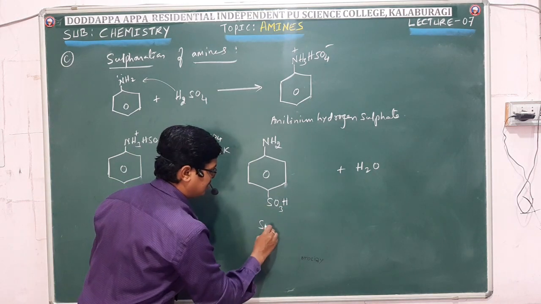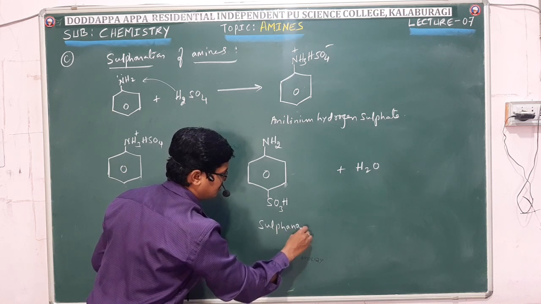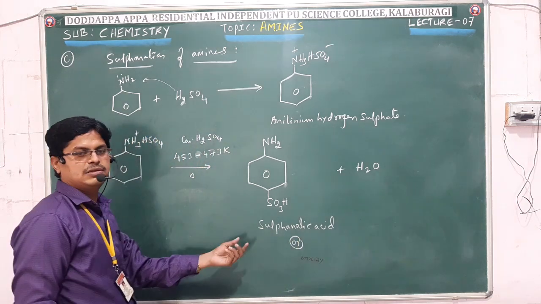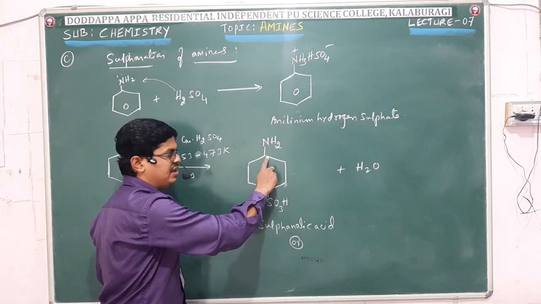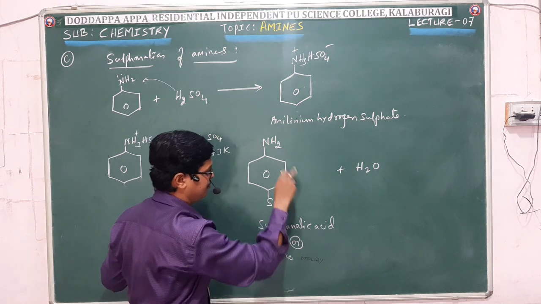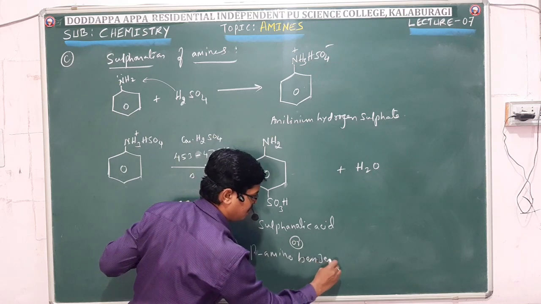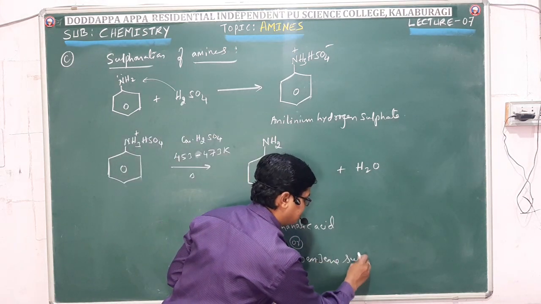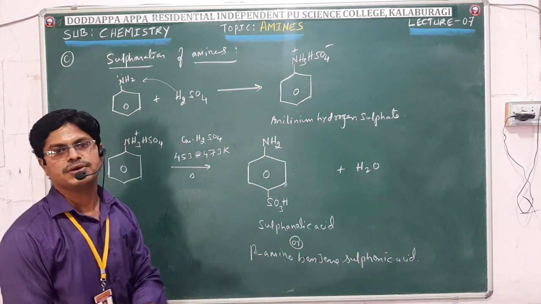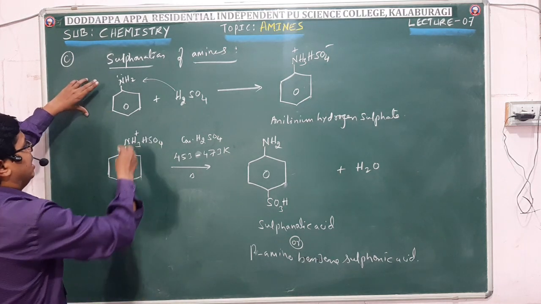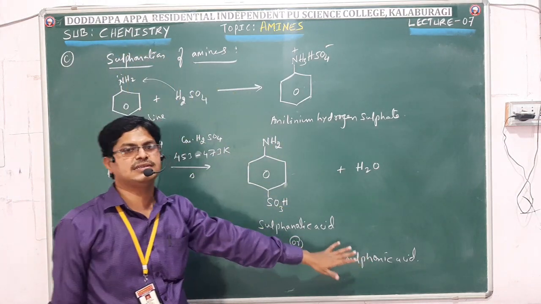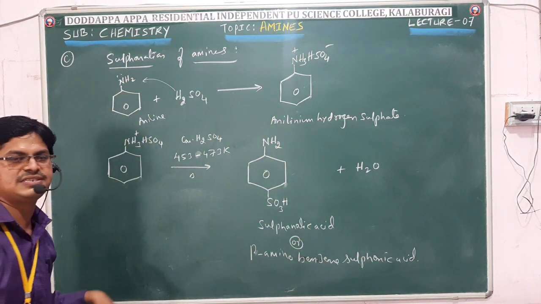So this is sulfanilic acid, or you can name it para-amino benzene sulfonic acid. This conversion of aniline into sulfanilic acid is called sulfonation of amines.